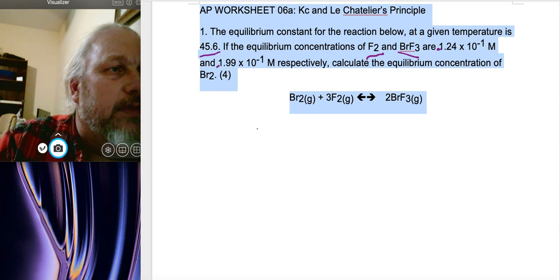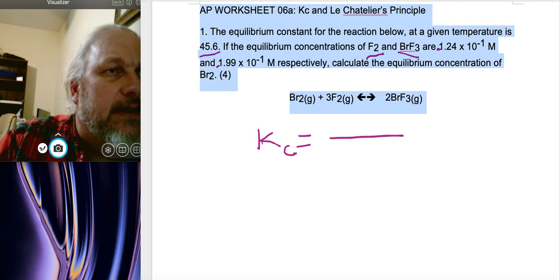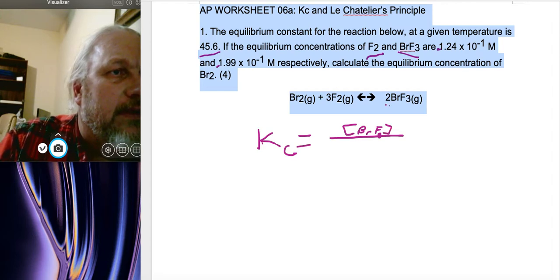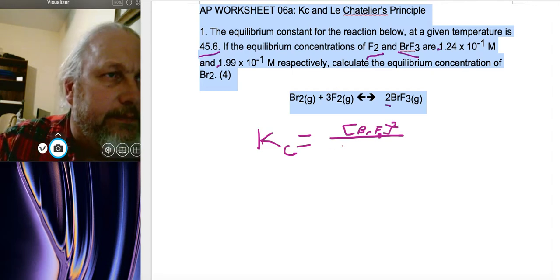So the first thing we want to do is write the equilibrium expression, Kc, equals the products over the reactants. We only have one product, so we put the concentration of BrF3, and our coefficient becomes an exponent, so that's squared.